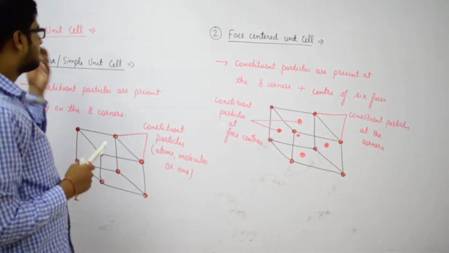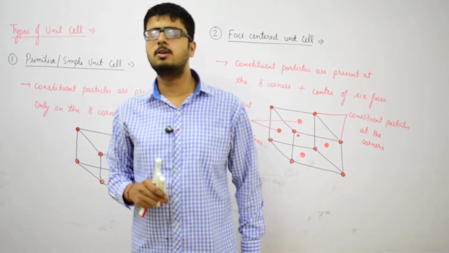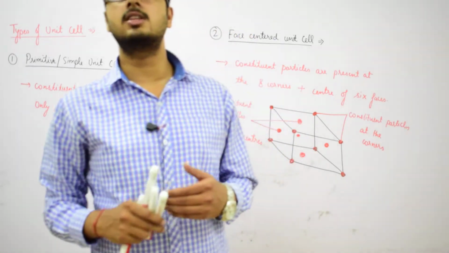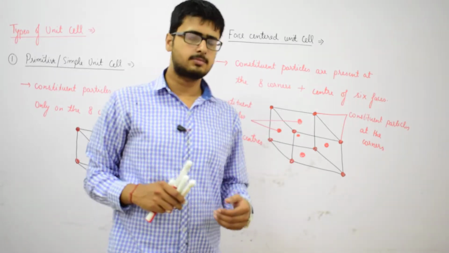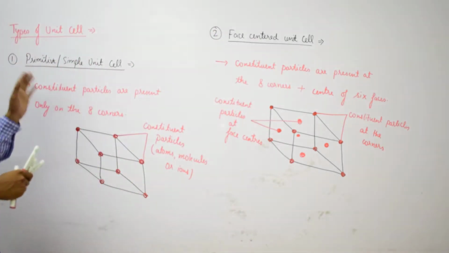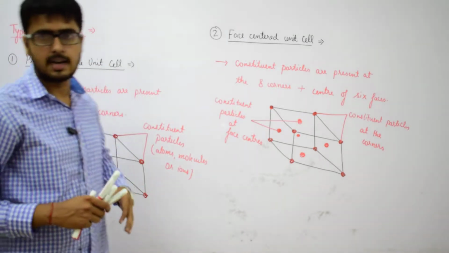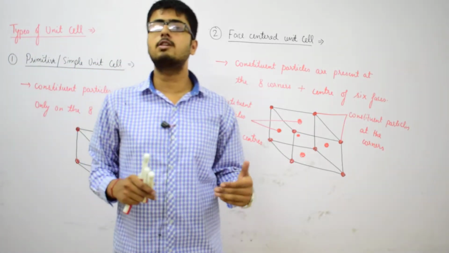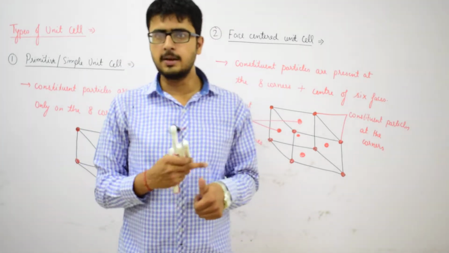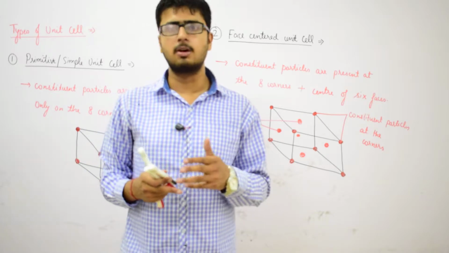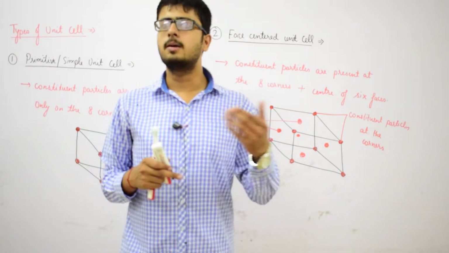So, we have 4 types of unit cell: simple or primitive unit cell, face centered unit cell, body centered unit cell, and the last one is edge centered or end centered unit cell. We have already discussed the 7 Bravais lattices or the 7 types of primitive unit cell, and those are cubic, tetragonal, orthorhombic, rhombohedral, triclinic, hexagonal, and the last one is monoclinic.